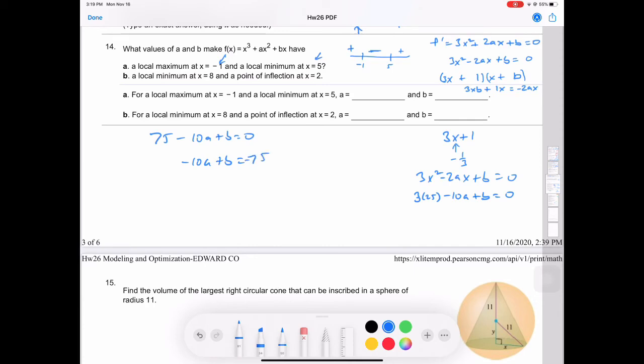In our second version, if I plug in negative 1, it would be 3 times negative 1 squared minus negative 1 times 2 is positive 2a plus b equals 0. So we're left with 3 minus 2a. Is that right? No, that's a positive 2a, right? That's a plus 2a. And then plus b equals 0.